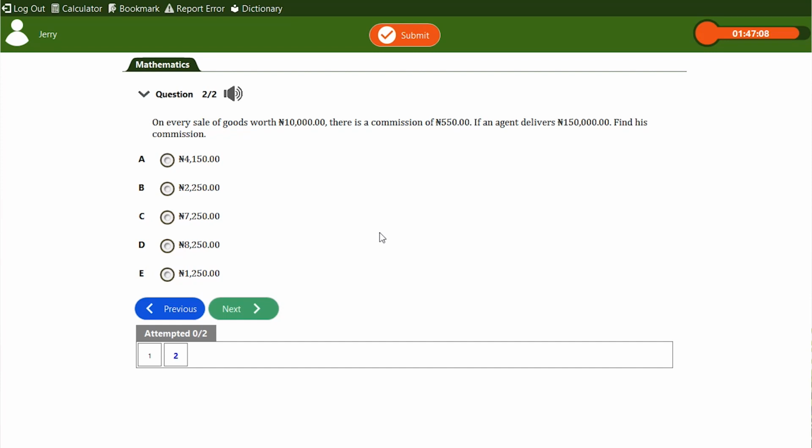So these are some very simple ways of calculating commissions, calculating discounts in mathematics. And I really believe that with this, it will be very easy for you to calculate discounts and commissions whenever you see such kind of questions in your exams.